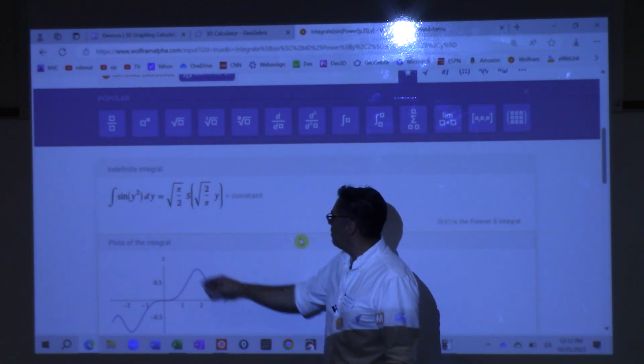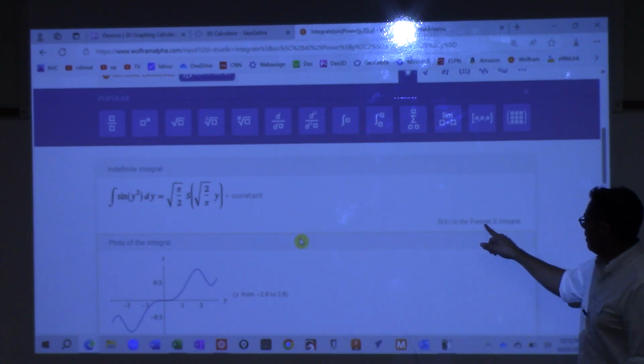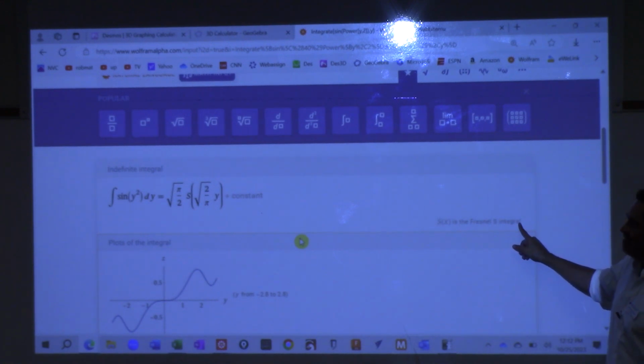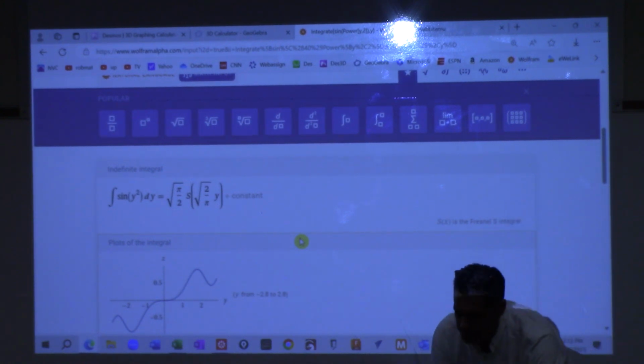What's capital S? Capital S is the Fresnel S integral, which we never even study in Cal 2. So this is basically Wolfram saying it's beyond what you know how to do. Now you could use power series, but we should be able to do this, right? But we can't do it this way.